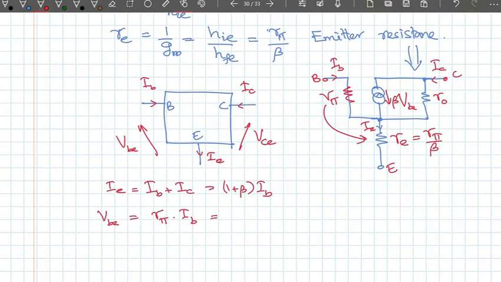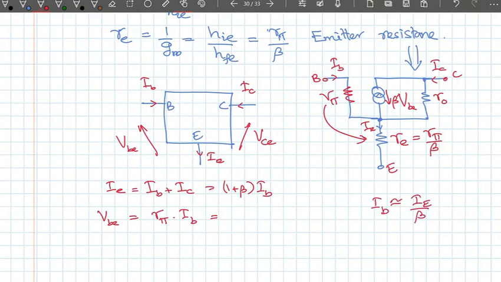Okay, so now this IB we can write as IE divided by, R pi times, R pi is basically the HIE, and IB is roughly equal to IE divided by beta.